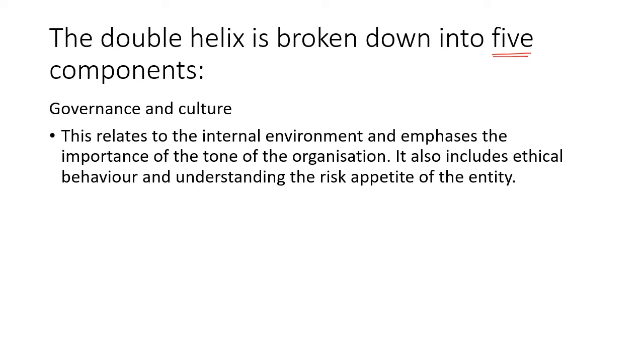First is what? Governance and culture. This relates to the internal environment. This governance and culture relates to the internal environment and emphasizes the importance of tone of the organization. It also includes the ethical behavior and understanding the risk appetite of the entity.